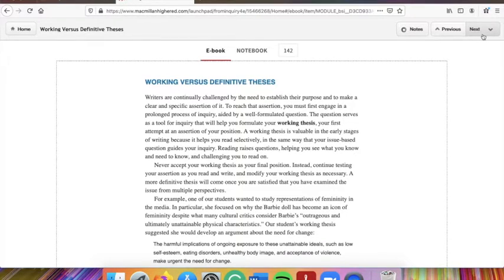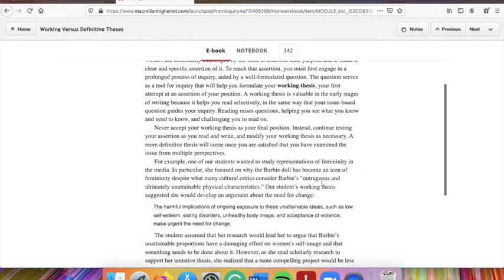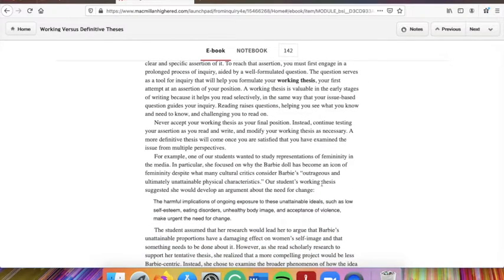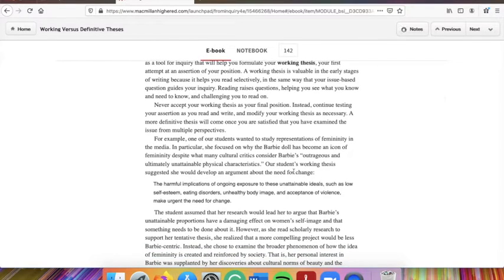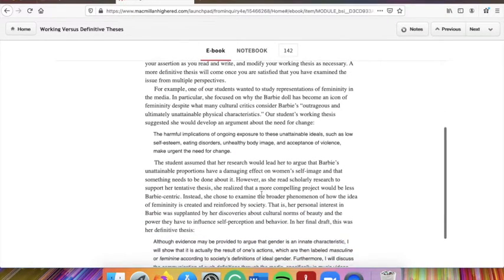The example they use here is about the Barbie doll, and this student thought that she would be looking at developing an argument on the need for change for Barbie's beauty standards, that Barbie's unattainable proportions would have damaging effects on women's self-image.